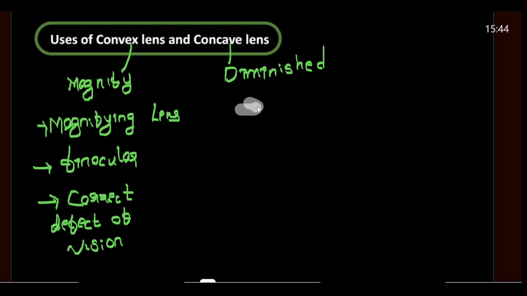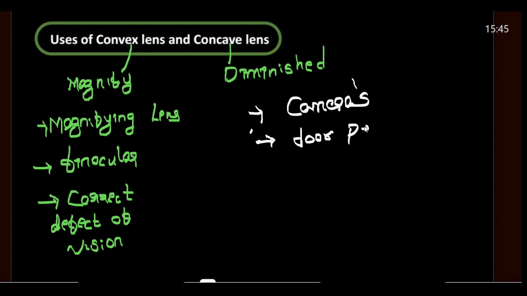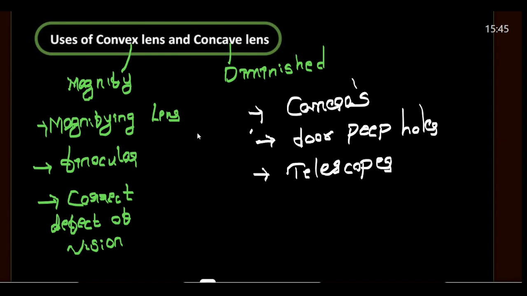The first cases are camera lenses and door peepholes. And also we use it in telescopes. So these are a few uses of concave lenses and convex lenses in our day-to-day lives, right?